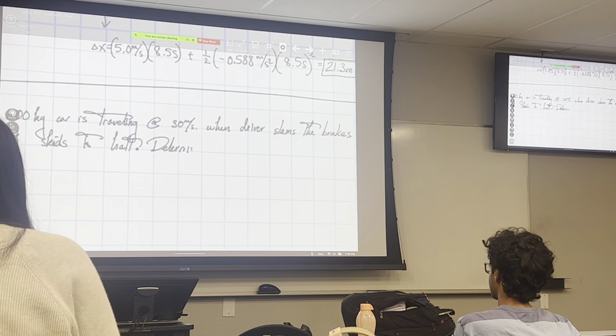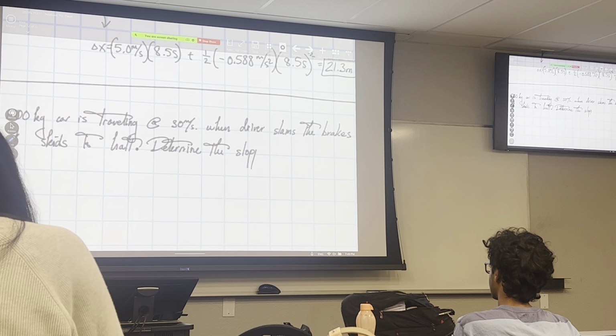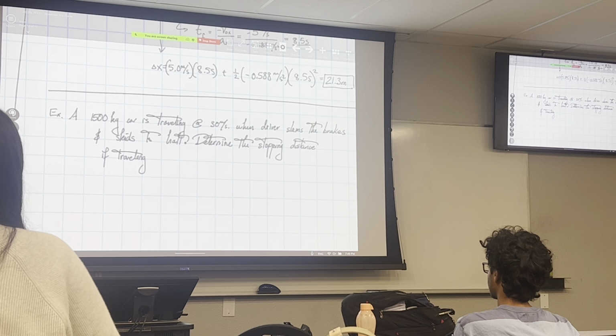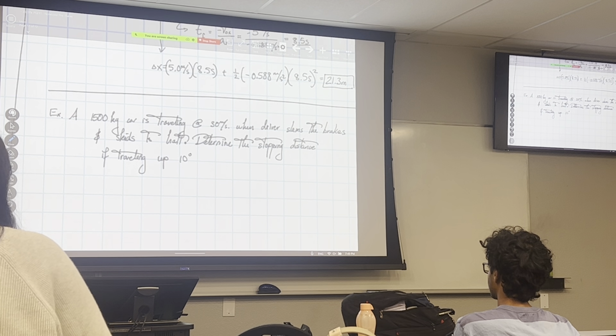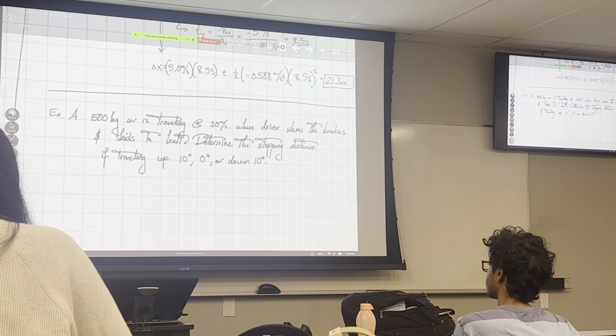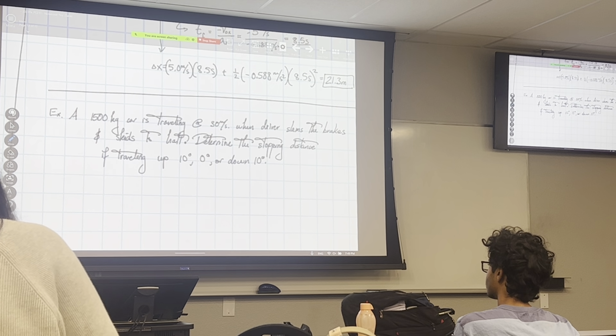And you're tasked with determining the stopping distance if traveling up 10 degrees, 0 degrees, or down 10 degrees. Yeah, you thought this was one example, huh? No, it's actually 3.